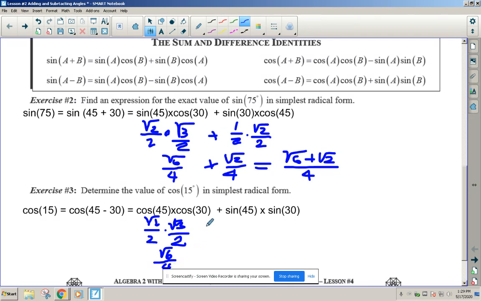And then I'm going to add the sine of 45, which is rad 2 over 2, multiplied by the sine of 30, which is 1/2. And this is now rad 2 over 4.